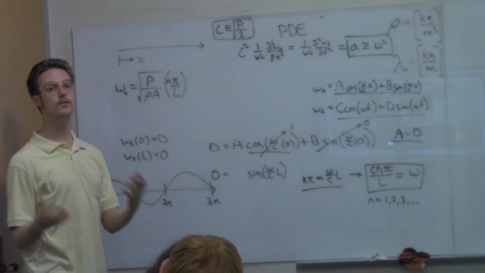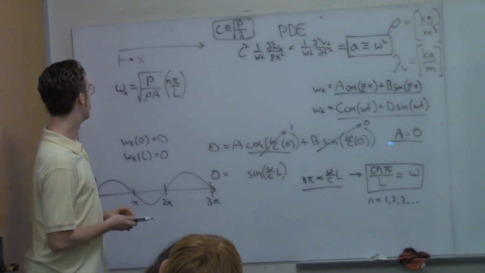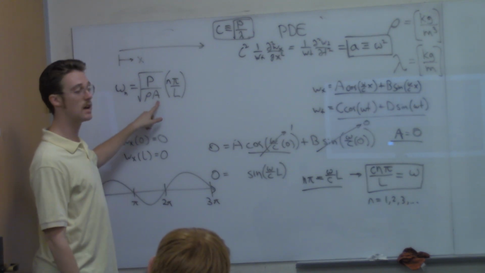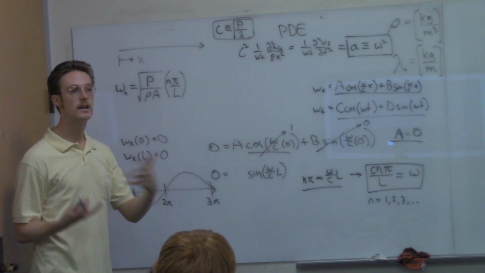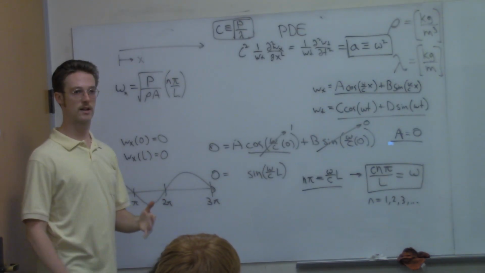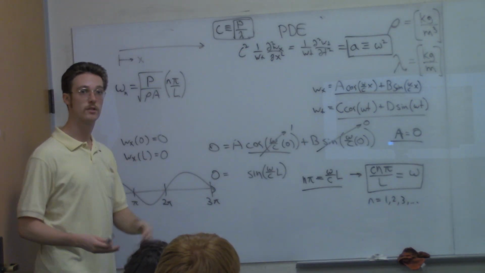And then thinner strings typically make higher frequencies, so we understand that A is in the denominator, and so on. Just making sure that y'all get what's actually happening, what this function describes physically.